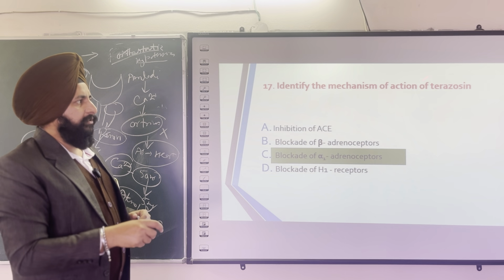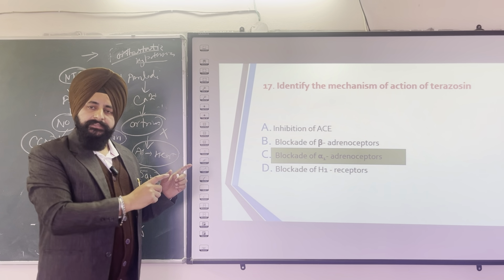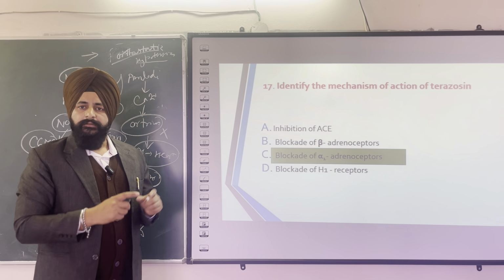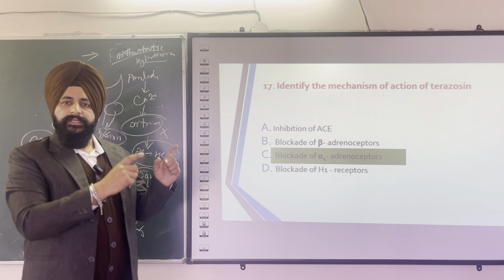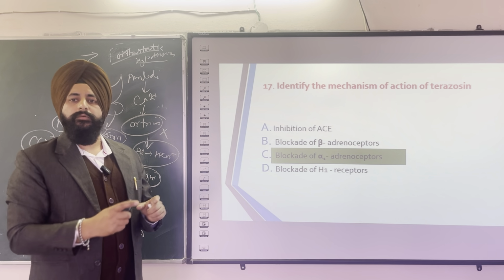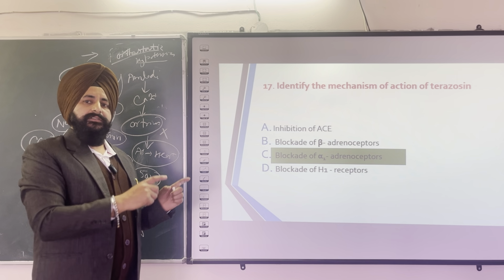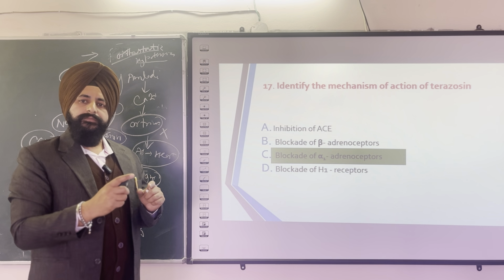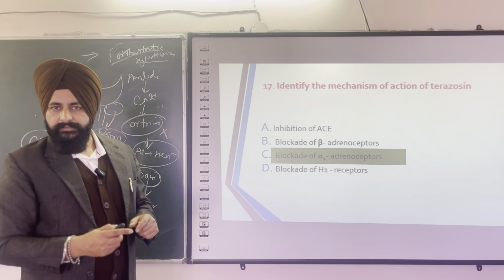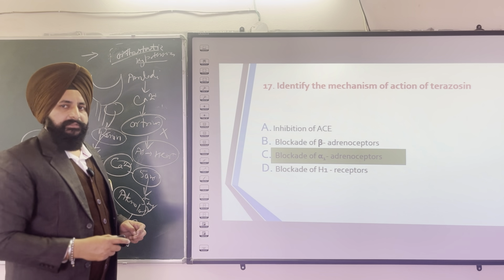Prazosin is known to cause first dose effect in the body. First dose effect means the first dose can immediately cause hypotension. So this is the third option for this drug.